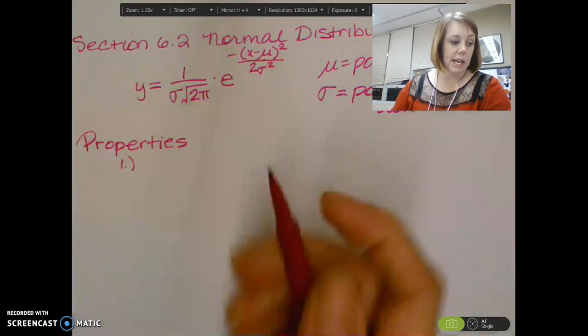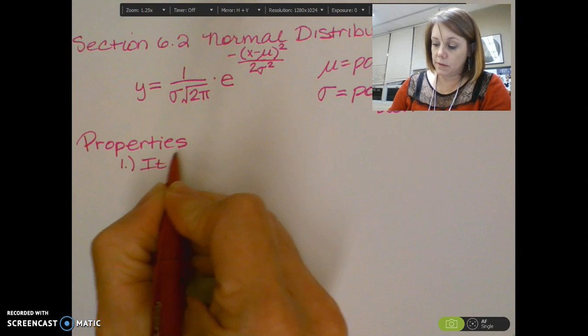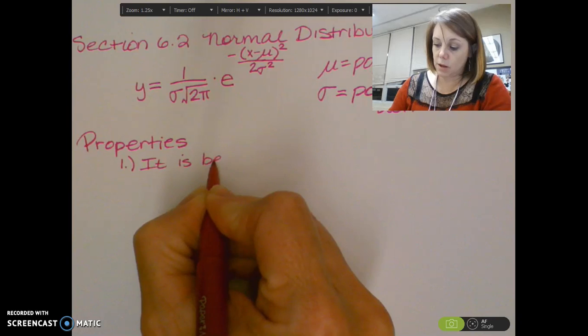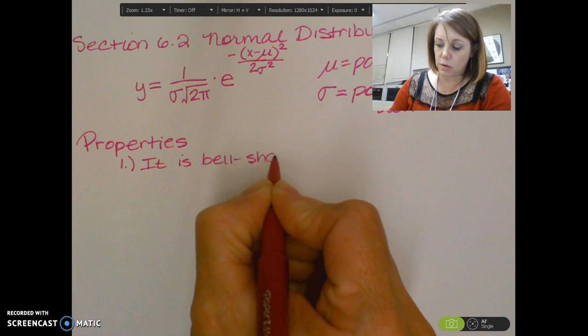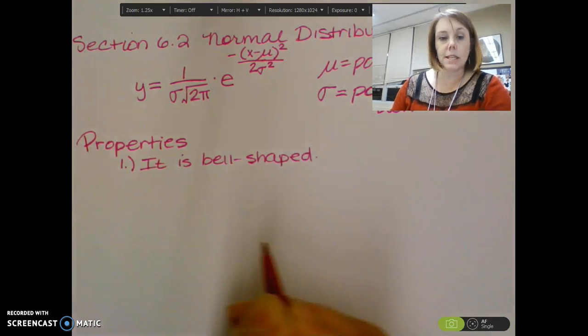First one, it should be bell-shaped. In other words, they all have the same general shape, which we've already discussed.